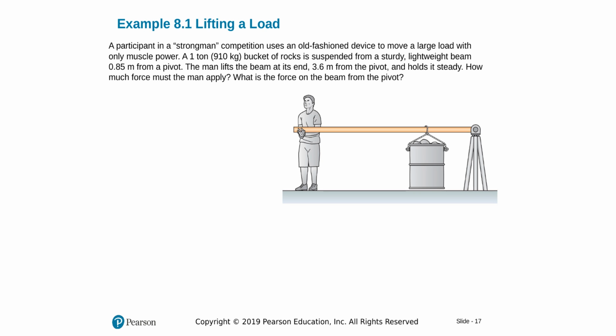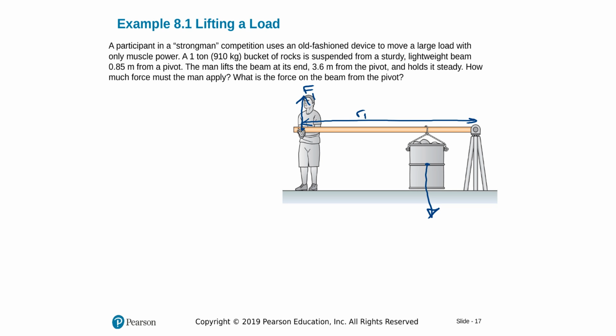In this question, we have a strong man lifting up a weight. So he has a force, let me call this F, and he applies a torque to this pivot point here. I'm going to call this distance R1, so R1 and F1, and he is lifting up a weight.